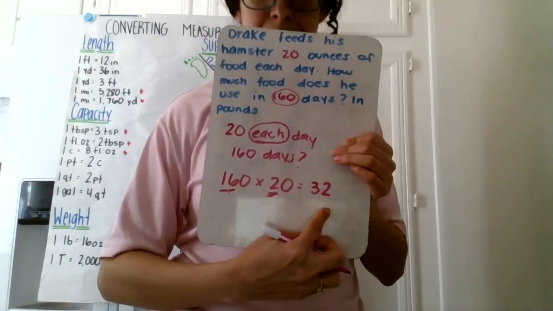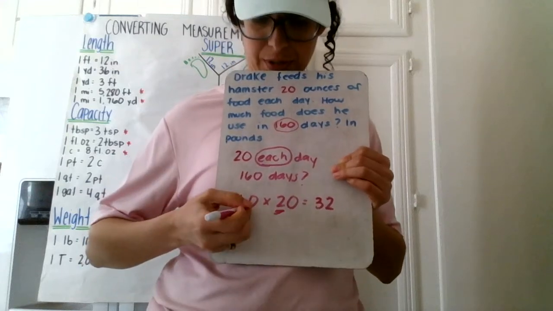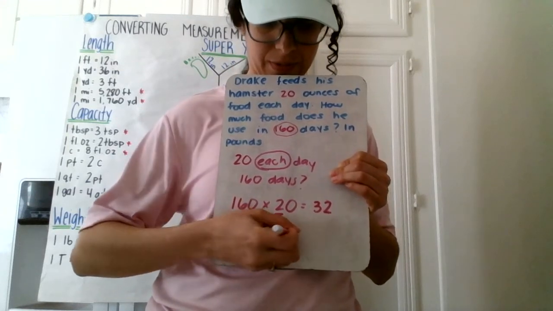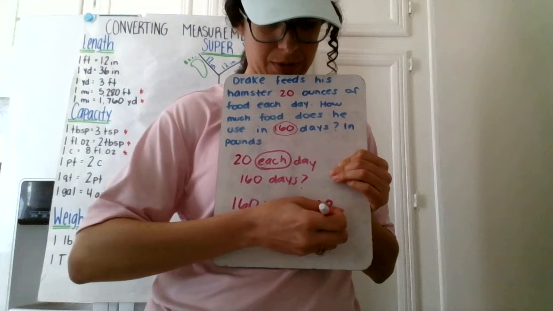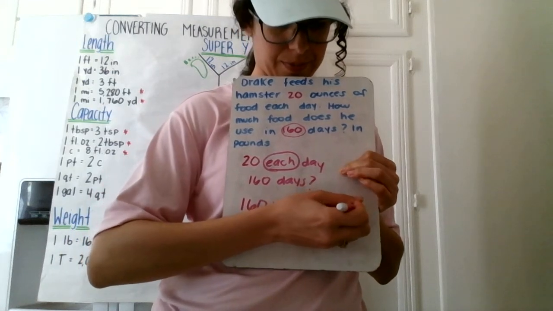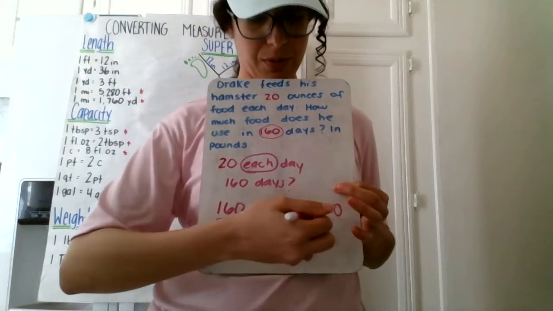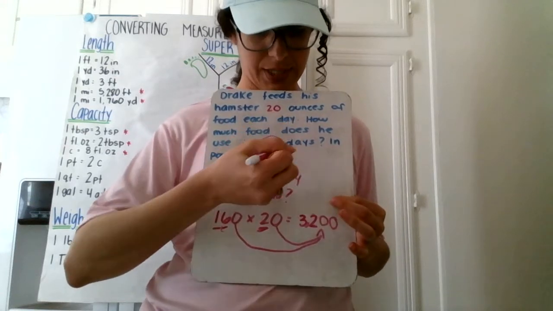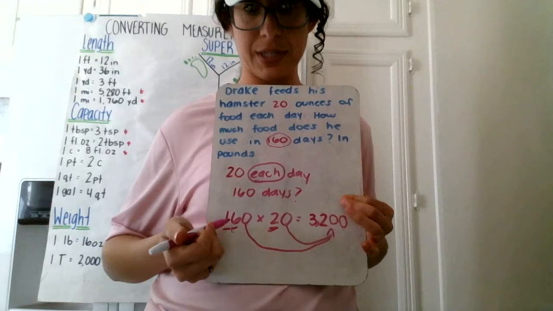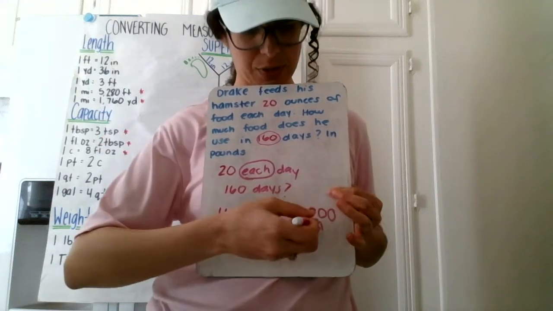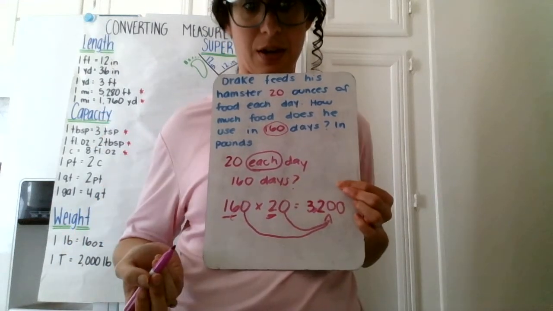And then what about our zeros? How many zeros do I have? 2, right? So they come join us. So that's how many ounces I have in 160 days. That's a lot of food.